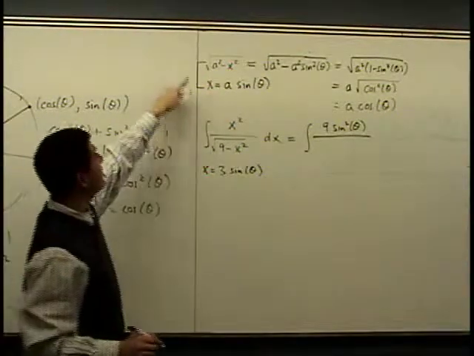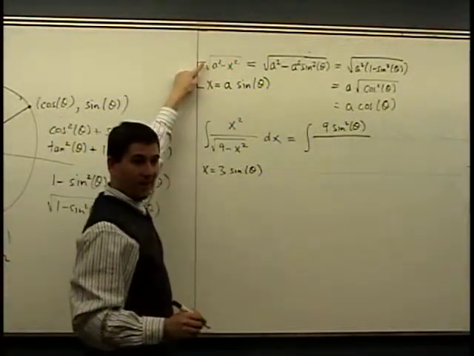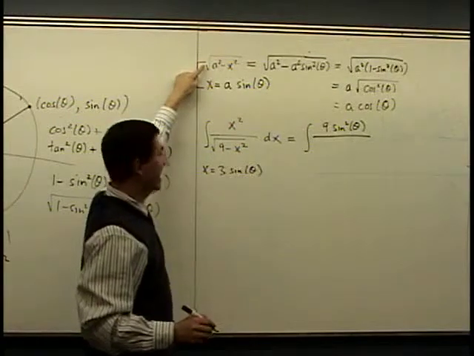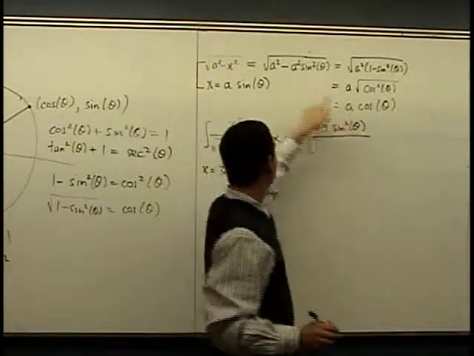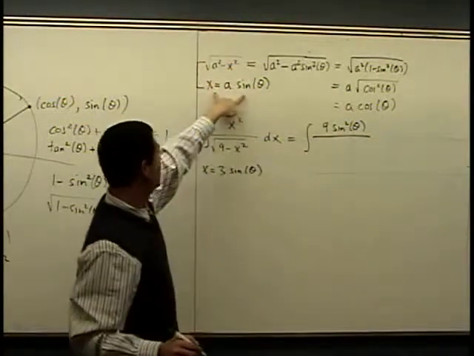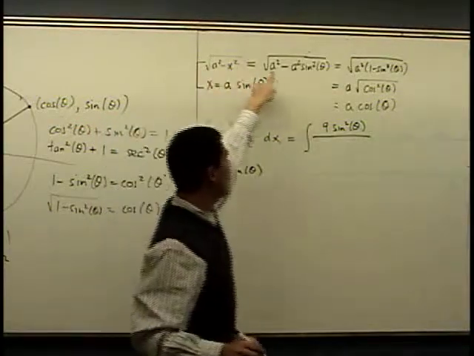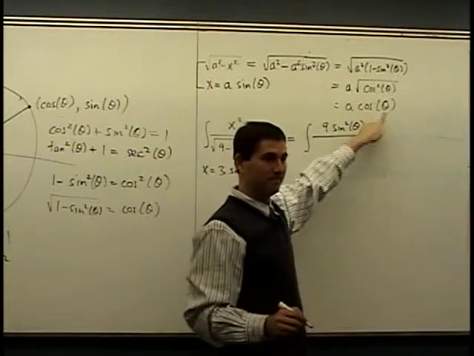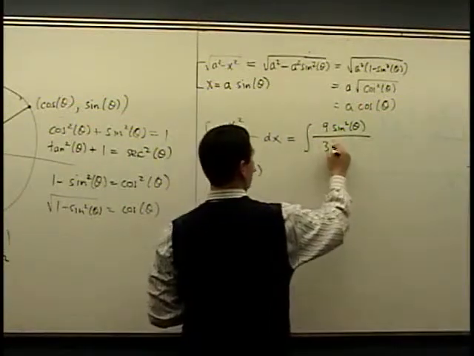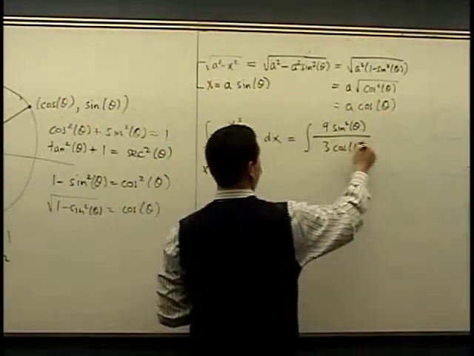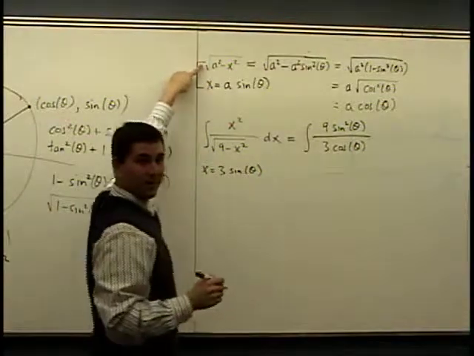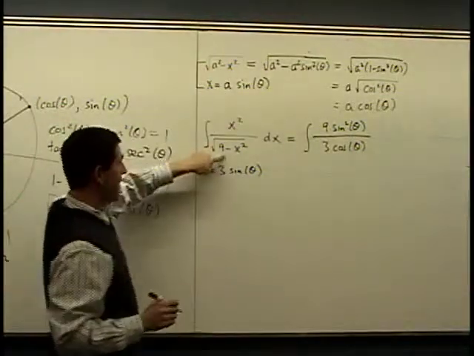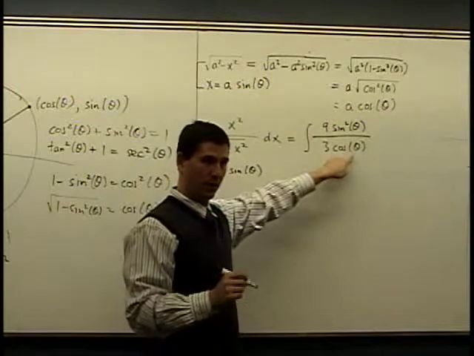Or you could say, wait, that's just what we computed up here. If I put in x equals 3 sine theta in this expression, I get out 3 cosine theta. That's exactly what this derivation did. It says, I have that expression. I can always replace it now with my 3 cosine theta.